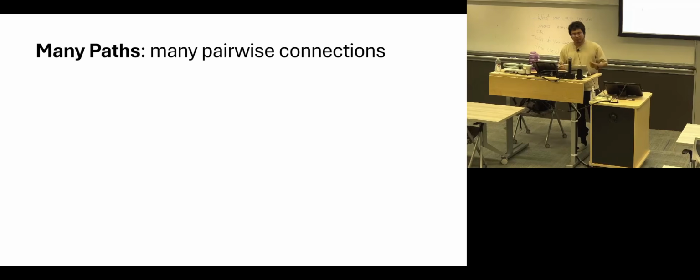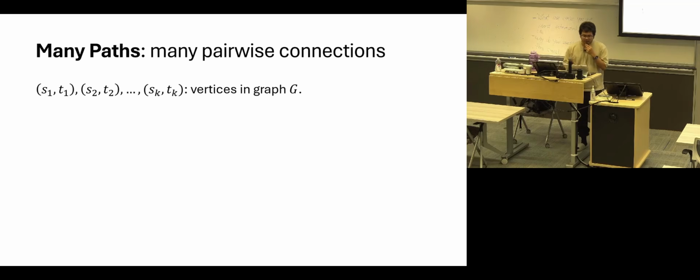People ask similar problems when you don't care about just one pair S and T, but you have many pairs. Imagine that you have S1, T1, S2, T2, and maybe S3 here, and T3 here.